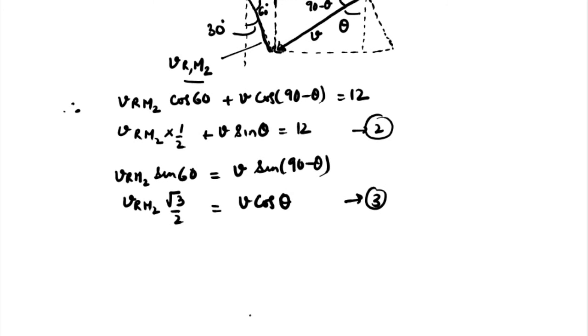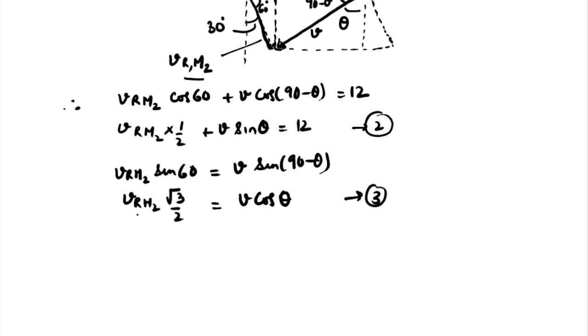Alright. So from these, what we can find out is I can express this value as Vrm2 is equal to 2V cos theta over root 3. That's my equation 4.